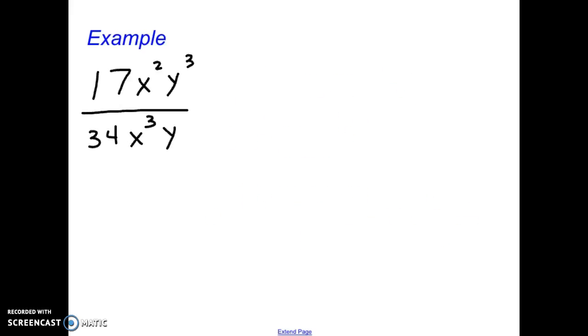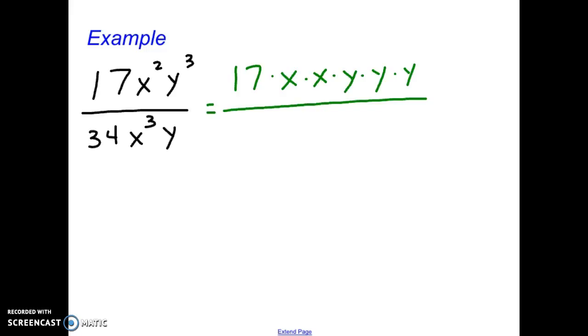In our next example, this time the 17 is prime, so it does not break down. If we expand the x's and the y's, our numerator is going to look like that. 34 does break down. This time we have an exponent in the denominator, so we're going to have to expand that.